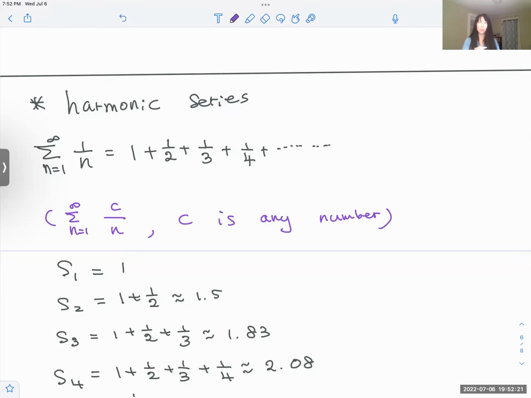We call it diverges, because the number is getting bigger.